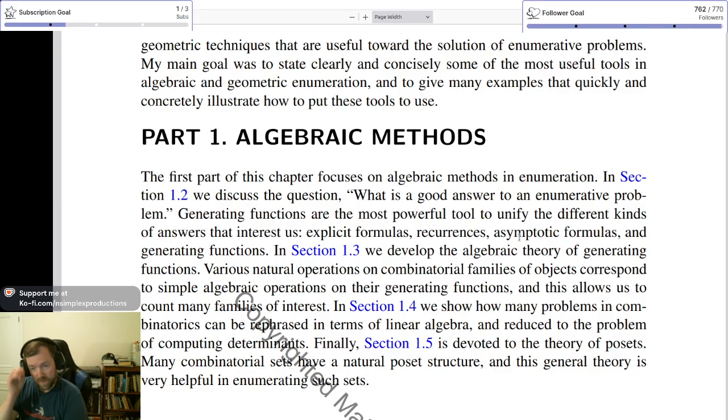And finally, section 1.5 is devoted to the theory of posets. Many combinatorial sets have a natural poset structure, and this general theory is very helpful in enumerating such sets.